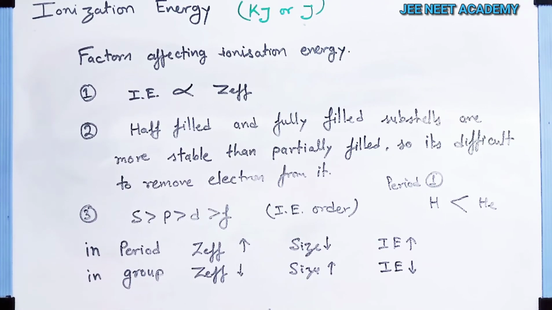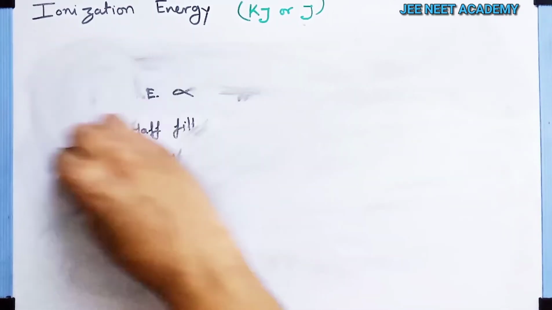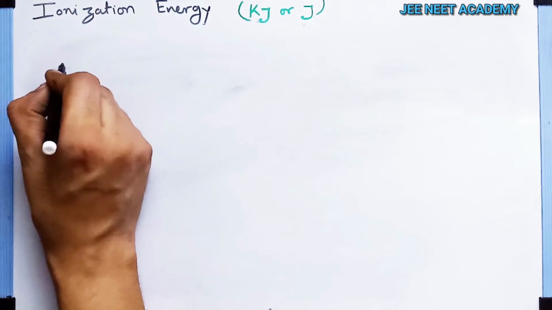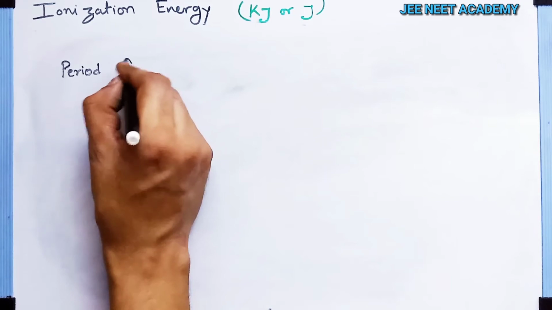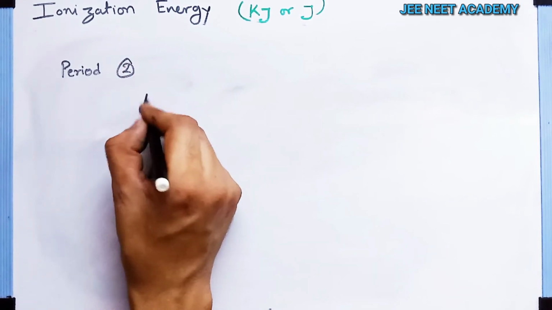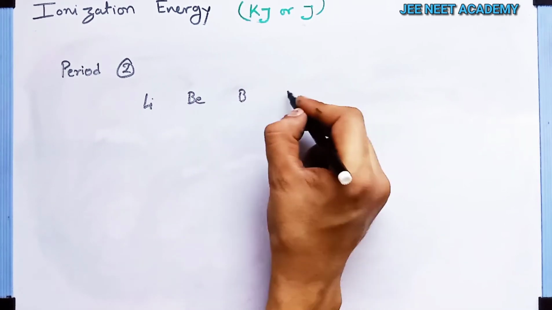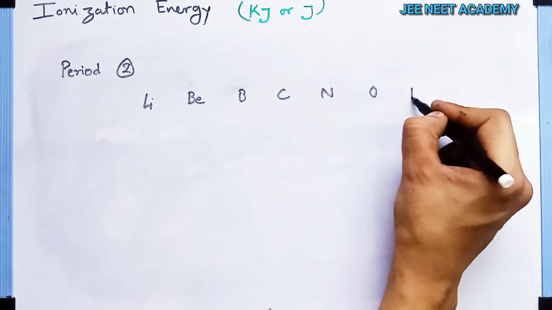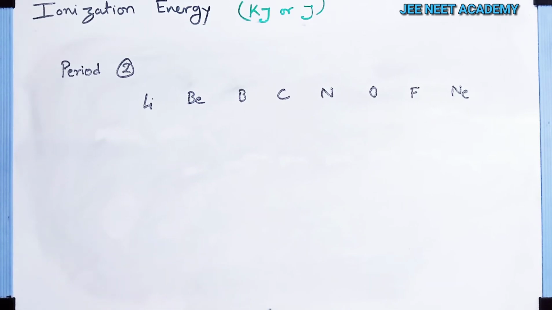Then in the second period, lithium, beryllium, boron, carbon, nitrogen, oxygen, fluorine, and then neon. Neon is fully filled, we know.